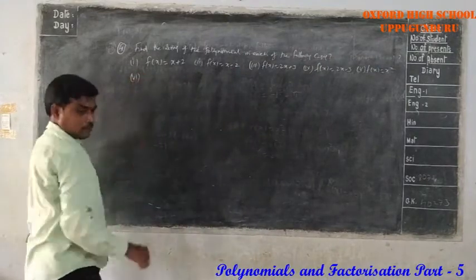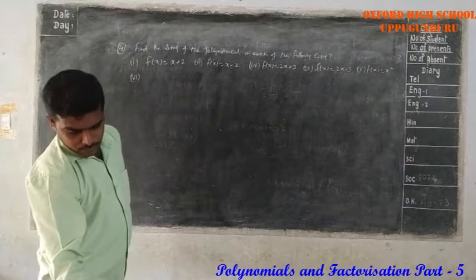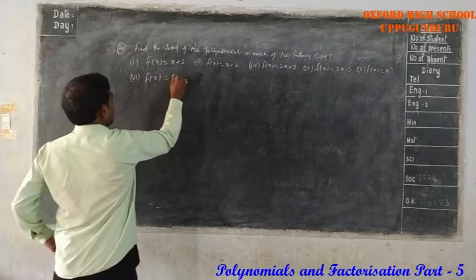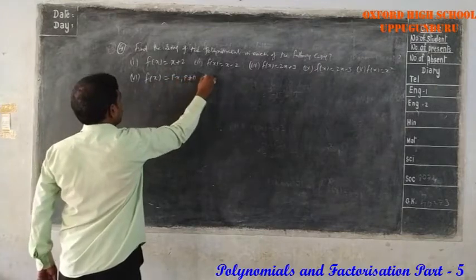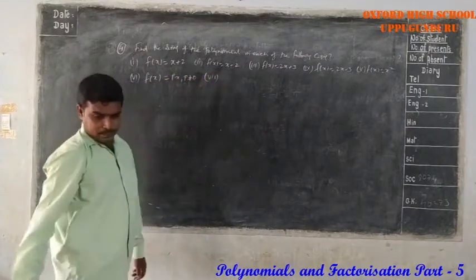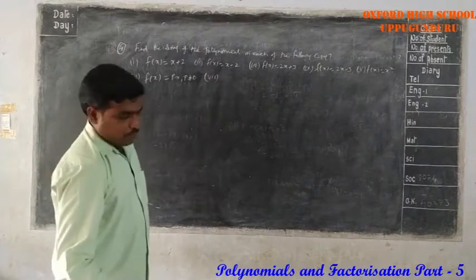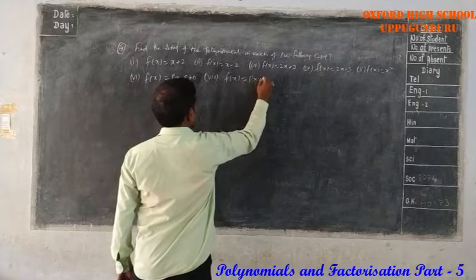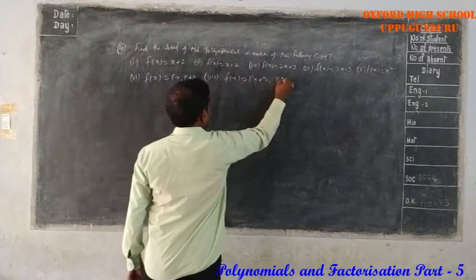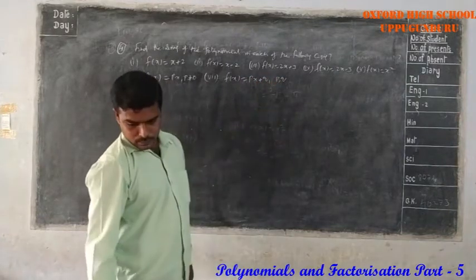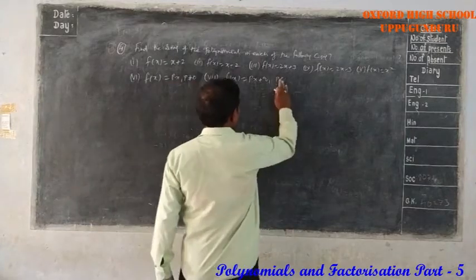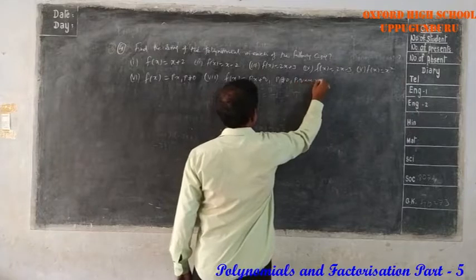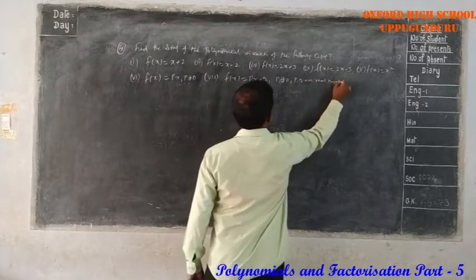Sixth one, f of x equal to px, p not equal to 0. Seventh one, f of x equal to px plus q, p not equal to 0, p, q are real numbers.